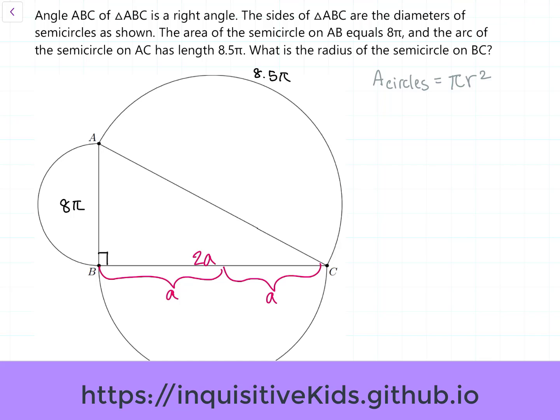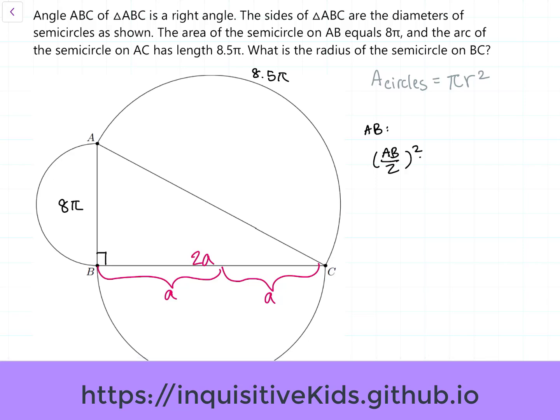How do we find AB? We know that the area formula of a circle is pi times the radius squared. And this is a semicircle, so exactly 1/2. That means that AB divided by 2, that's the radius of this circle, squared times pi times 1/2 is equal to 8 pi.